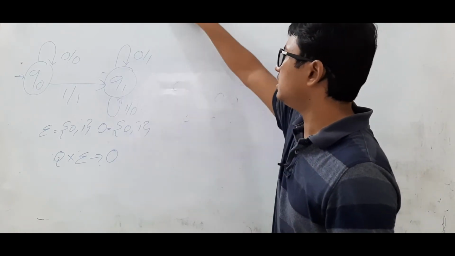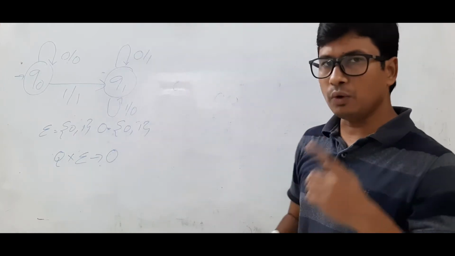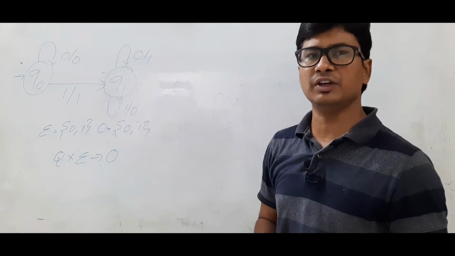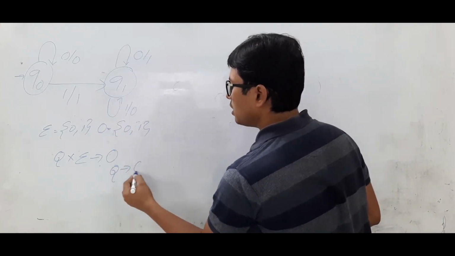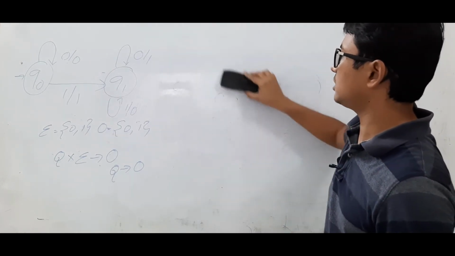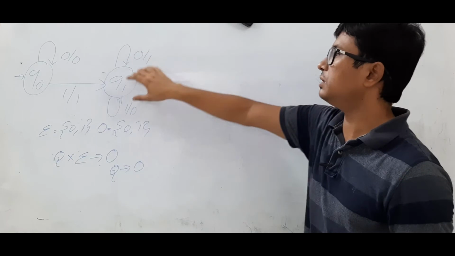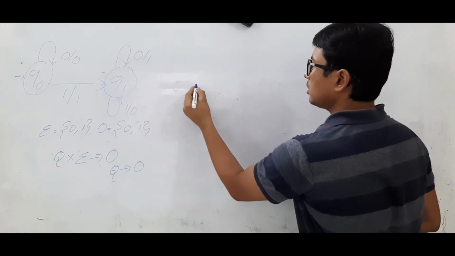Now we will see how to convert the given Mealy machine to a Moore machine. What is the output function of a Moore machine? For each state you will have an output. With this introduction we will convert the given Mealy machine to a Moore machine. I am in the state Q0.